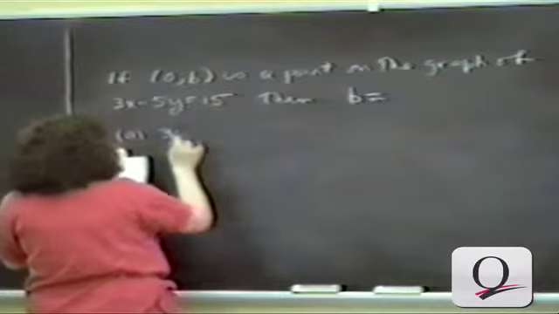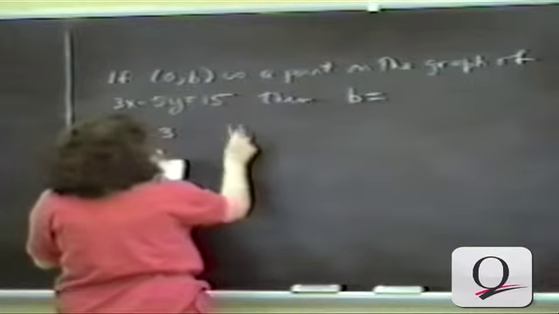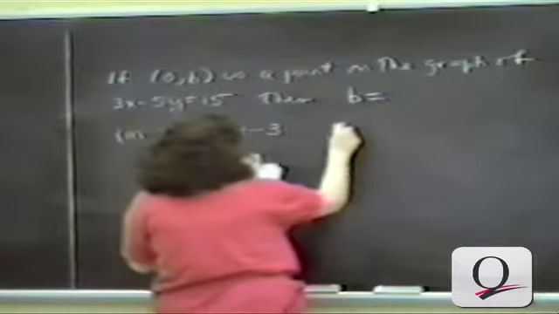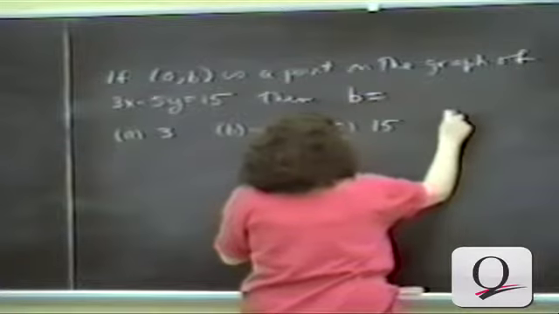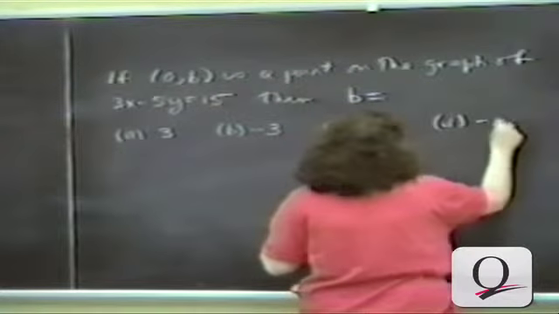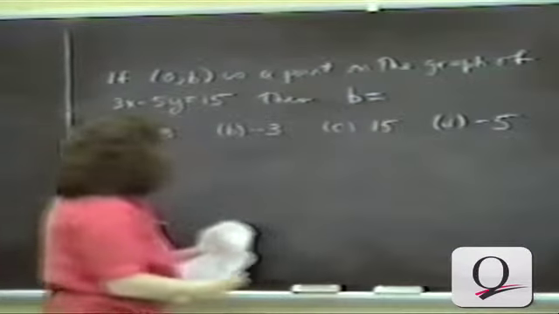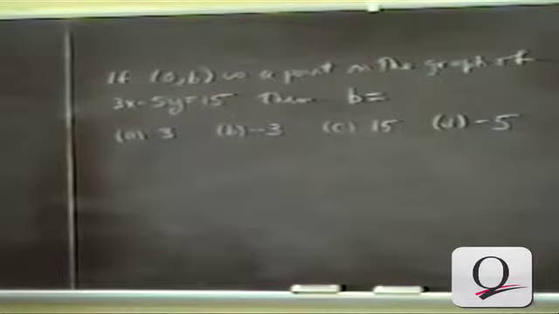A could be 3, B could be minus 3, C could be 15, D could be minus 5. Okay, if 0, b is a point on the graph of 3x minus 5y equals 15, then b equals, and you have to fill in one of these answers.